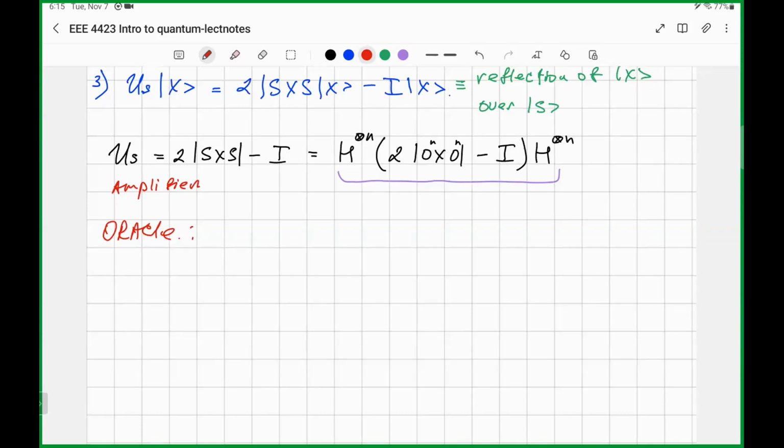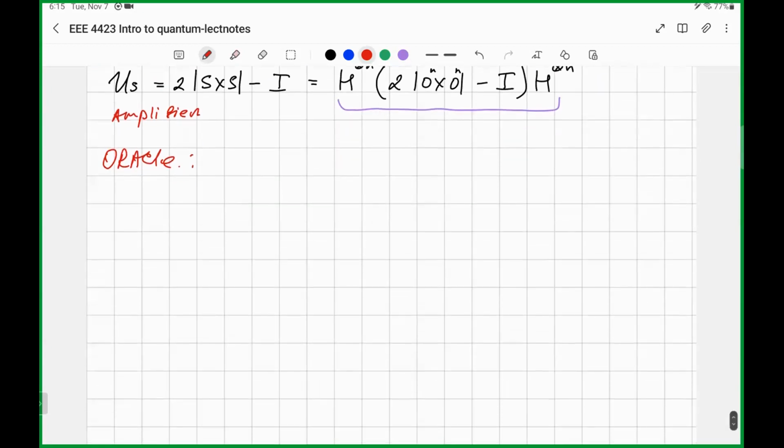For example, this Deutsch algorithm. They are also all based on the concept of oracle. So oracle is a function that you ask something and it returns something in response. Okay, and in terms of matrices, this oracle can be written in the following way.